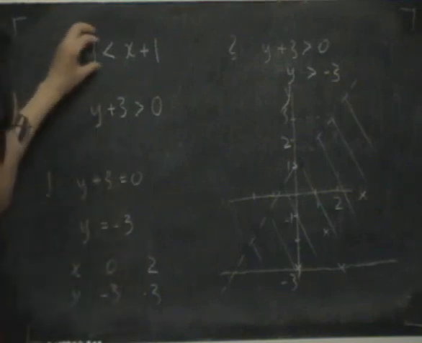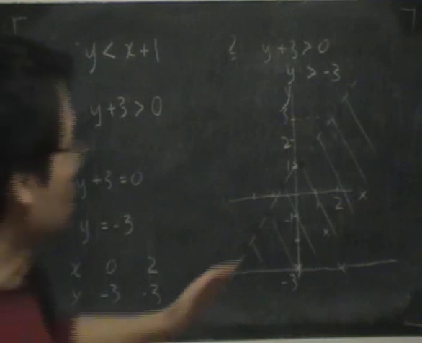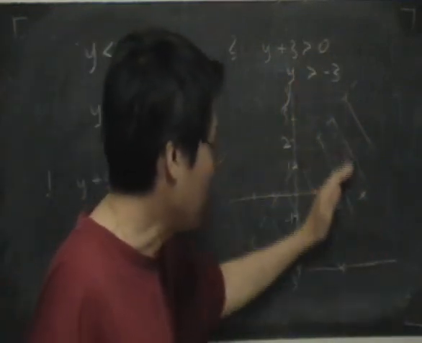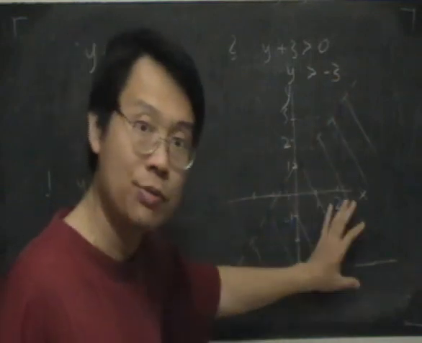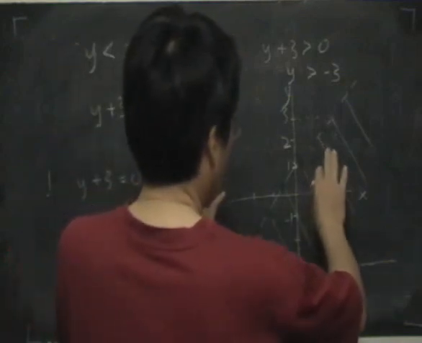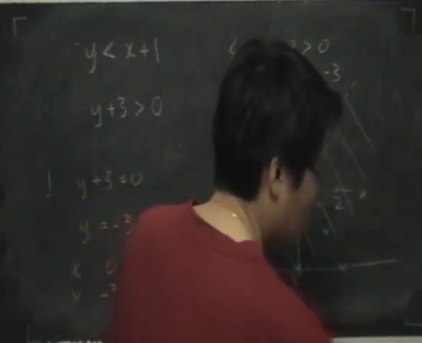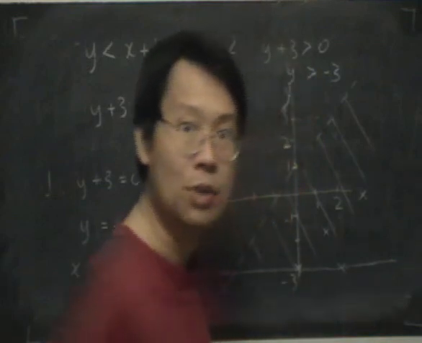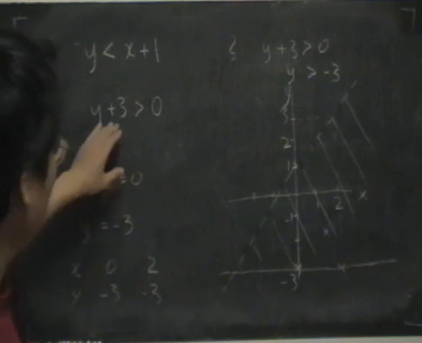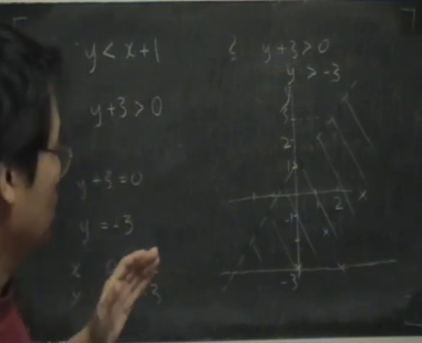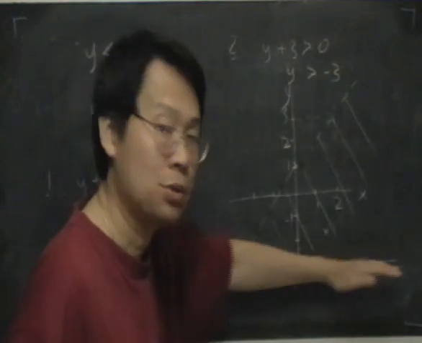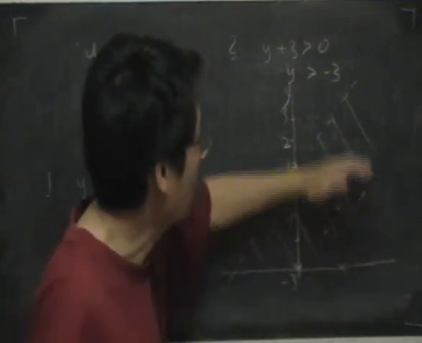Okay, so we know that for the first inequality, it is this area below the line that gives the possible x and y. So it's the whole area right down to as far as you can imagine. And for the next inequality, the area is the area above the horizontal line. So it's all the area up there.